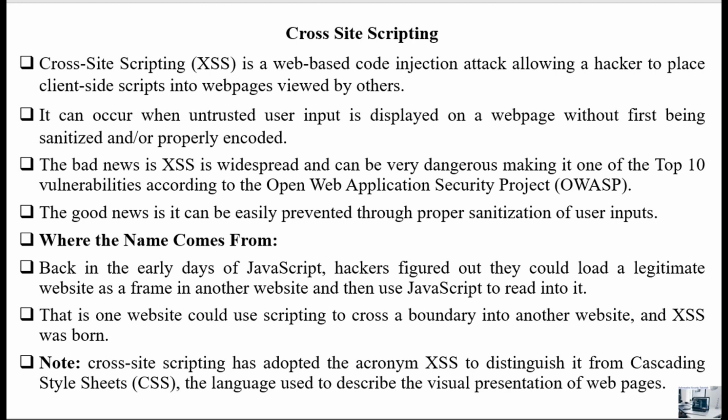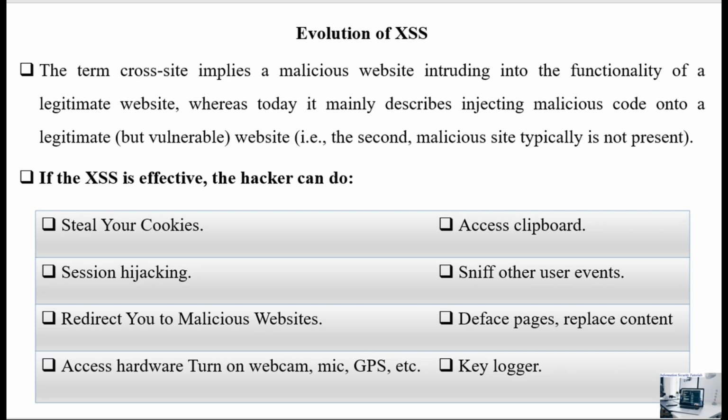But it's important to know that cross-site scripting has adopted the acronym XSS to distinguish it from cascading style sheets, CSS, the language used to describe the visual presentation of web pages. The term cross-site implies a malicious website intruding into the functionality of a legitimate website, but this has evolved, and today it mainly describes injecting malicious code onto a legitimate but vulnerable website. That is to say, the second, malicious site typically is not present.